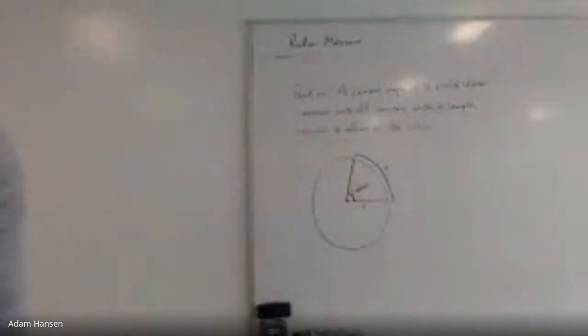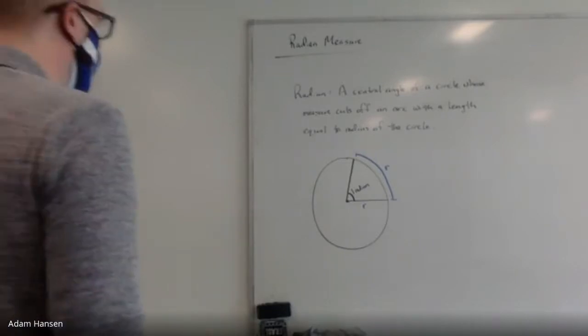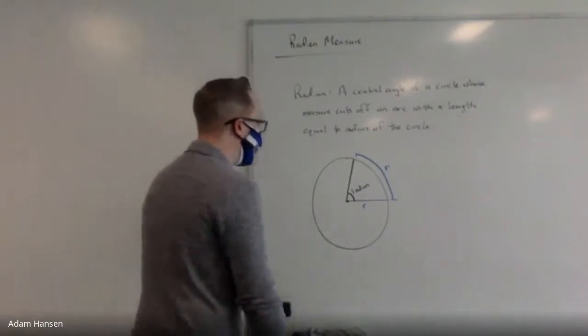We define a radian to be an angle whose measure cuts off an arc equal to the length of the radius of the circle. So like I said, radian is a measure that has a lot to do with the radius of a circle.